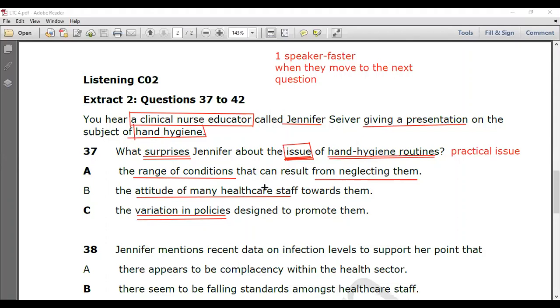She might initially describe how hand hygiene is helpful in preventing a range of conditions, and then she might start talking about what are the issues that we have, and amongst those issues, which one surprises her. So surprises her. Yes. Now, if a person is surprised, you can sense it from their tone.